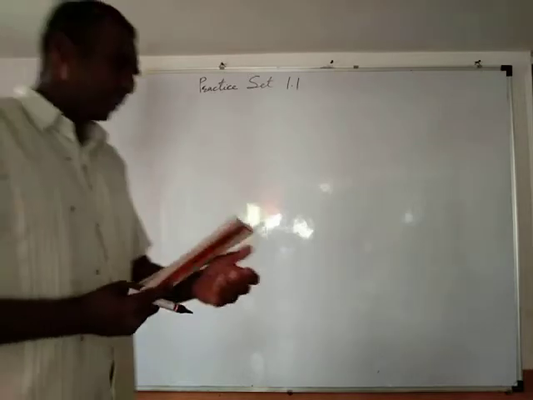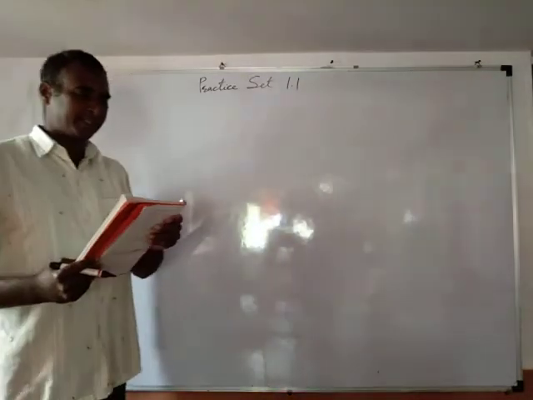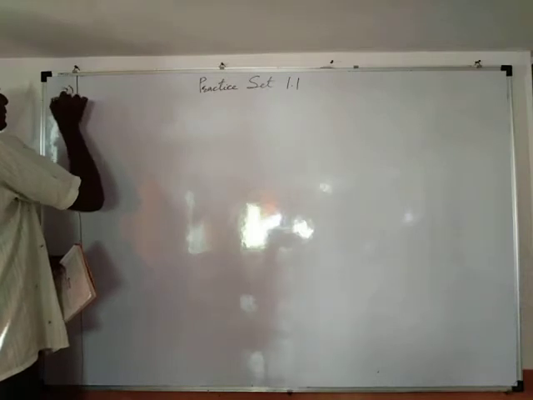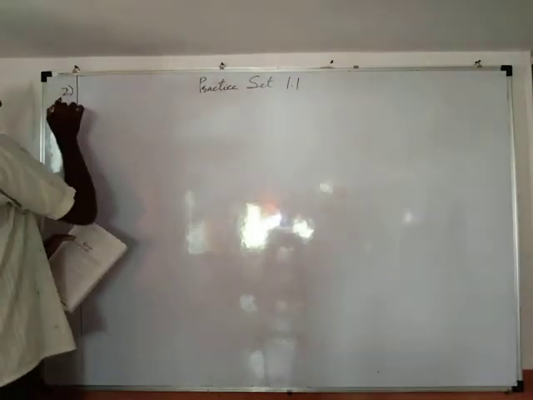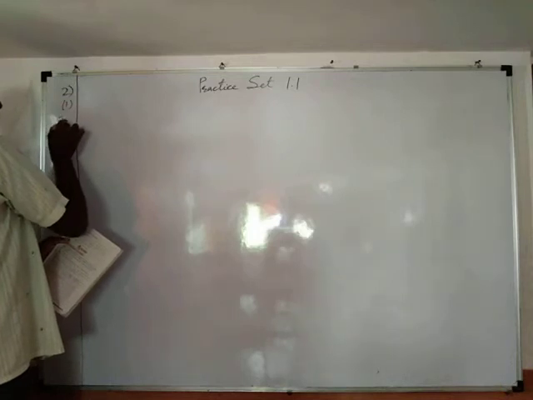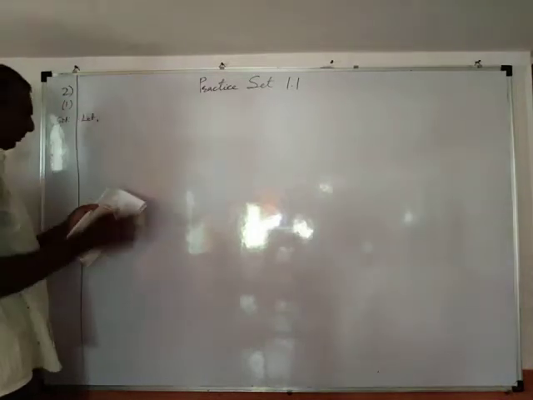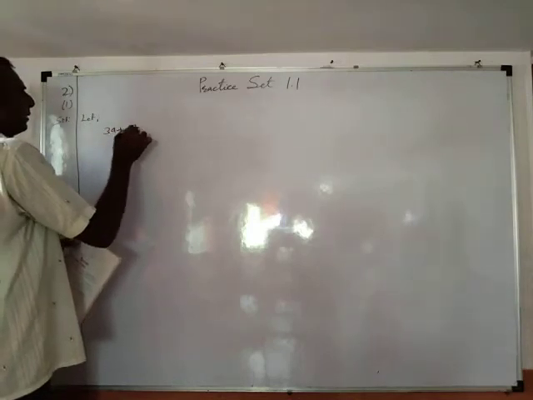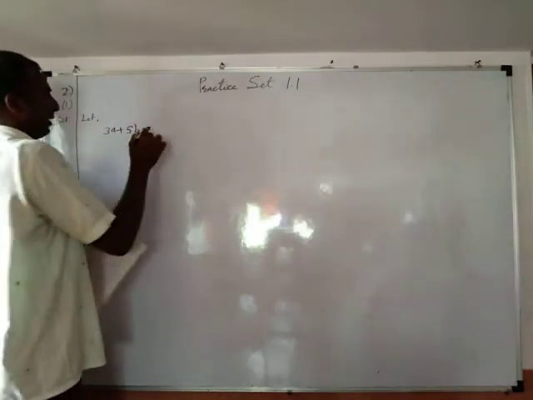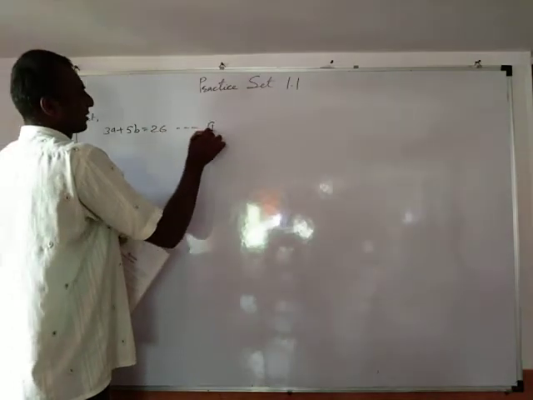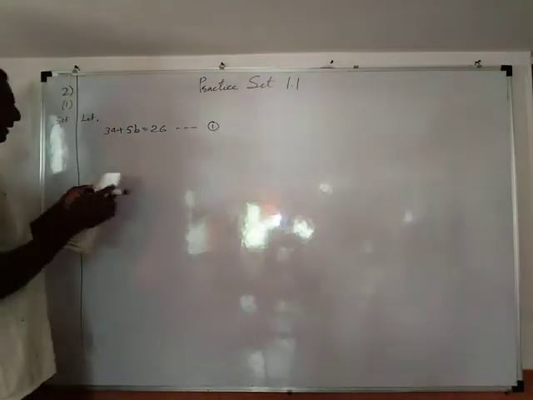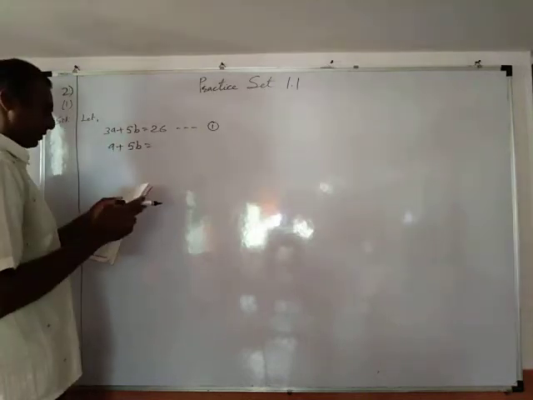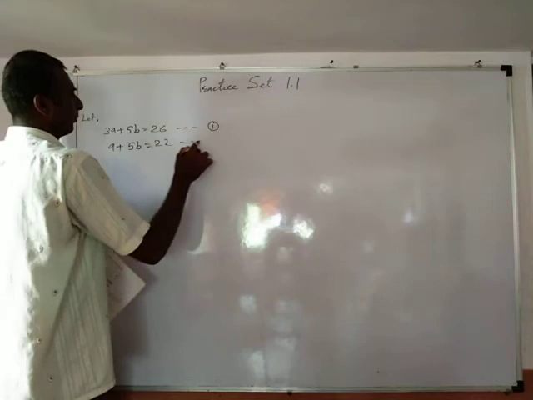Now let us see the second question. Solve the following simultaneous equations. Question second, sub-question first. Solution. Let 3a + 5b = 26. Let's call it equation first. a + 5b = 22.